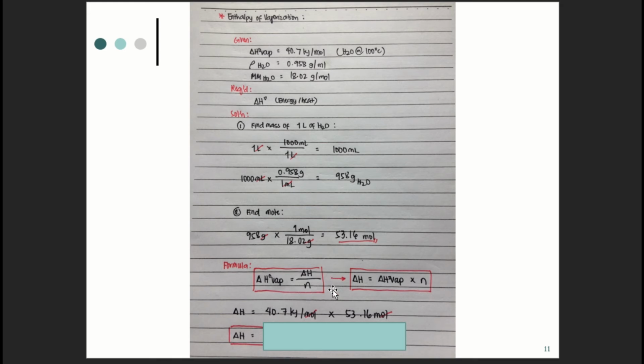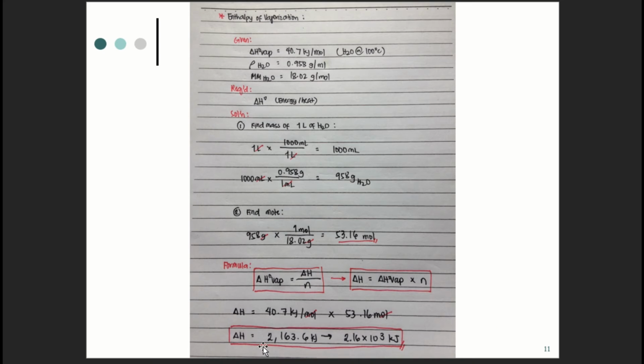So, apply lang natin yung formula. Si formula will transform into this one. So, the energy or heat is equal to the heat of vaporization times mole. So, apply lang siya. 40.7 kilojoules per mole times 53.16 mole. Cancel si mole, may iwan si kilojoules. So, the energy that we need in order for us to vaporize 1 liter of water is, ayan, 2,163.6 kilojoules.